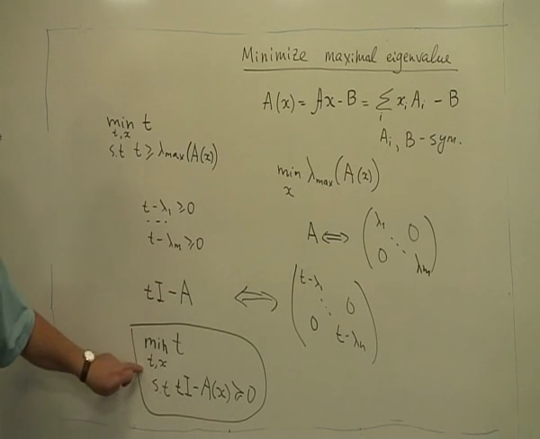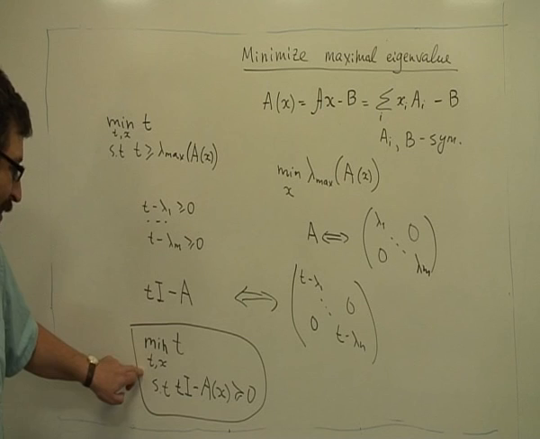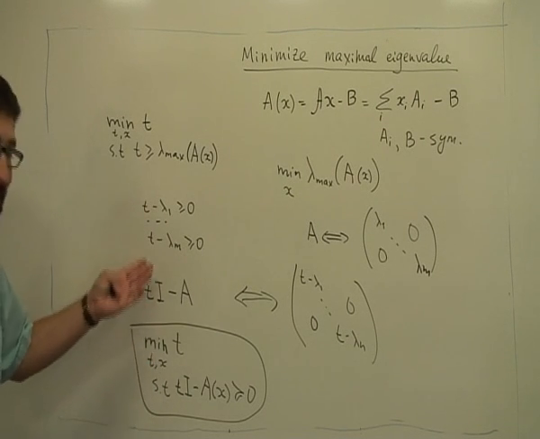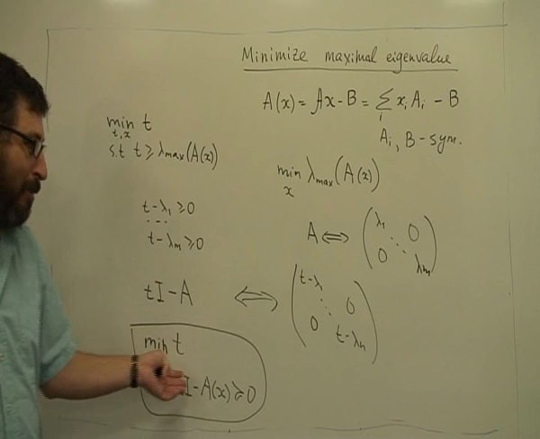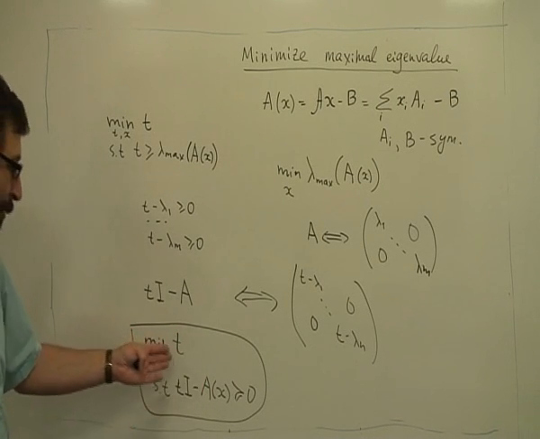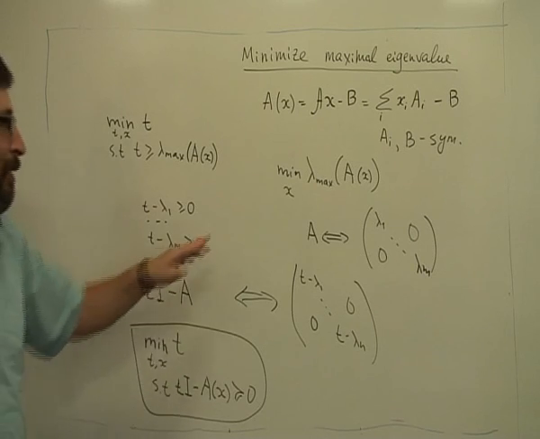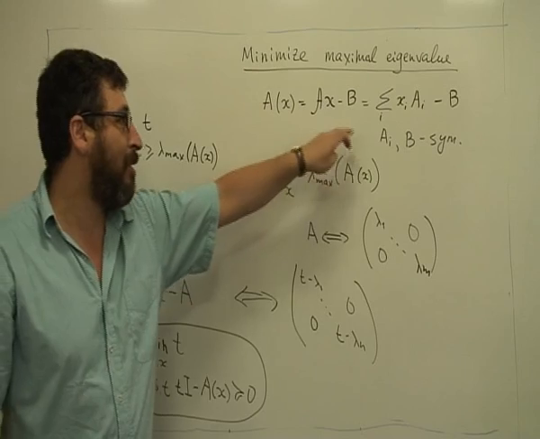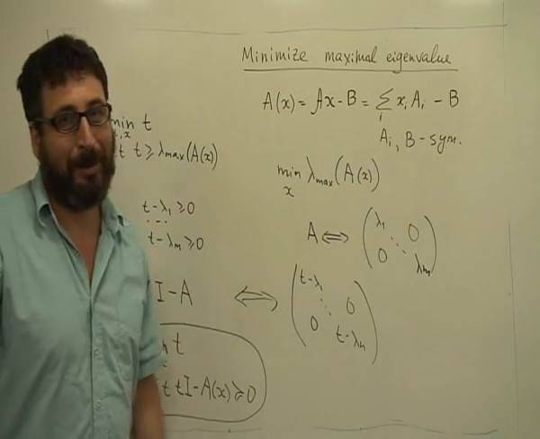And this is a semi-definite problem for this long vector of variables t and x. And we will learn very soon that there are efficient methods to solve it. So we know a numerical approach to minimize the maximal eigenvalue of a matrix which depends linearly on x.